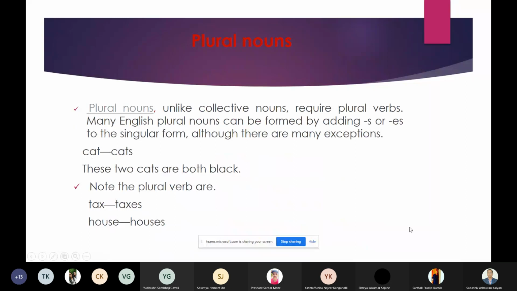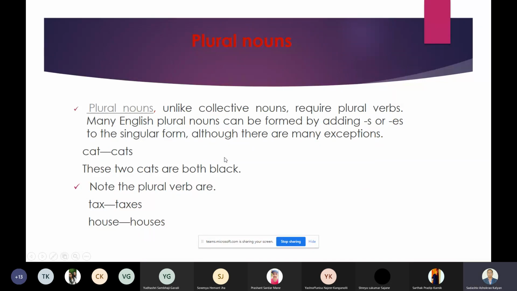Then we are also using various kinds of plural nouns in our written form. Whenever we use these plural nouns, we also want to use plural verbs. Many English plural nouns are formed by adding letters s and es to the singular form.